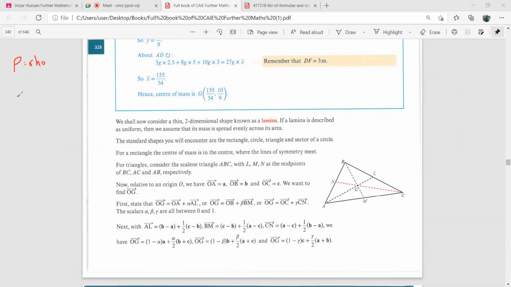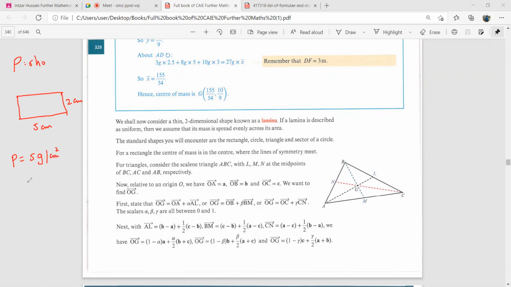As an example, look at this rectangle. Suppose its length is 5 centimeters and its width is 2 centimeters, and we're given the rho, let's say, as 5 grams per centimeter squared. A very thin lamina here.